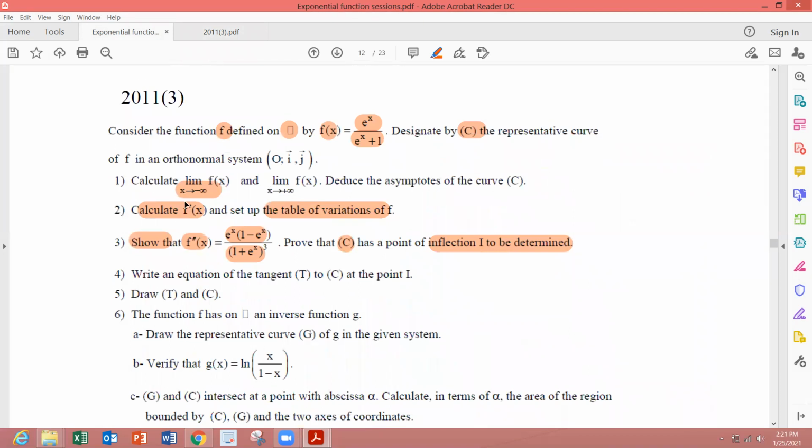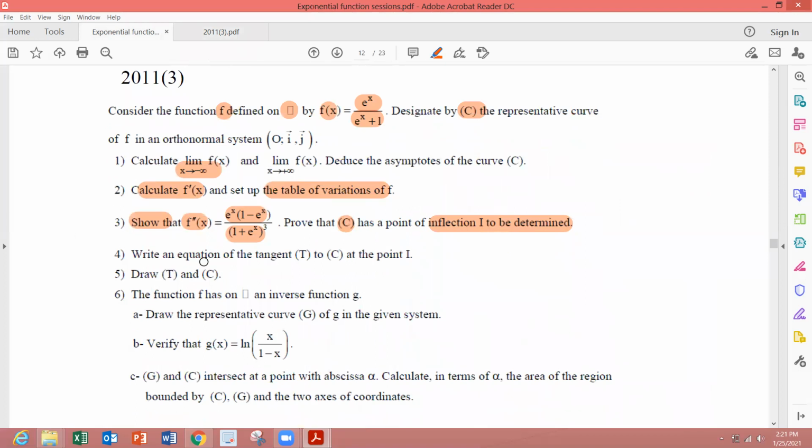Now, write the equation of the tangent T at the point of abscissa, at the point I. Give the equation of the tangent.